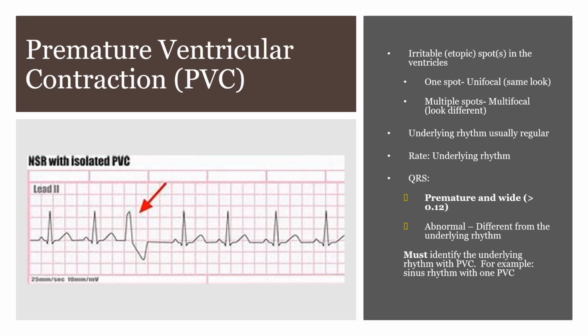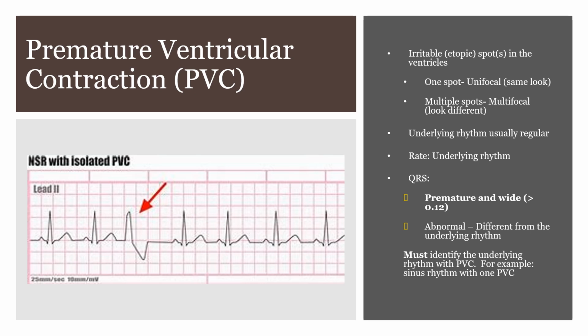So this premature ventricular contraction has no P waves, and the QRS complex is wide. We said a narrow QRS was less than 0.12. A wide QRS is greater than 0.12. So if we see this complex right where it leaves the isoelectric line all the way to where it comes back to the isoelectric line, that is our QRS interval.